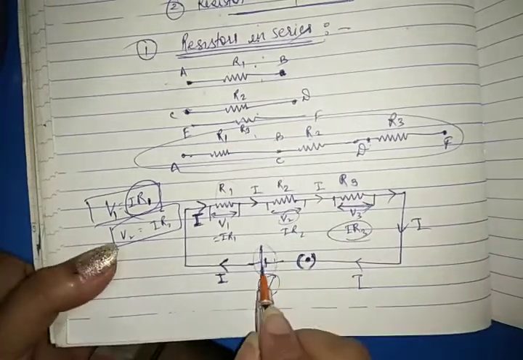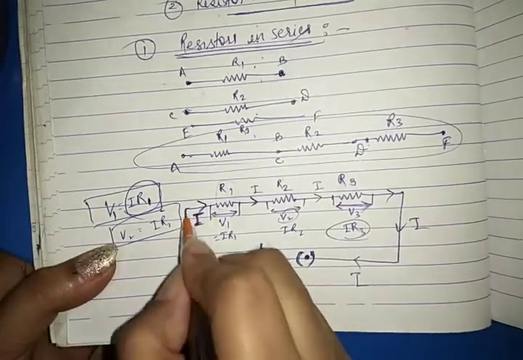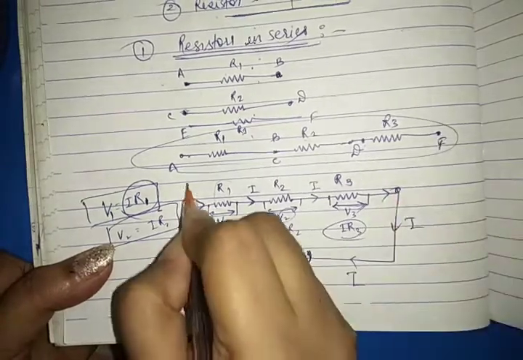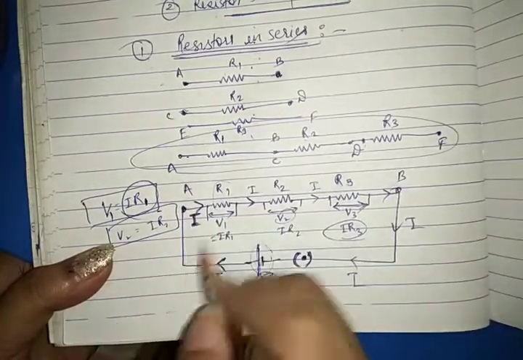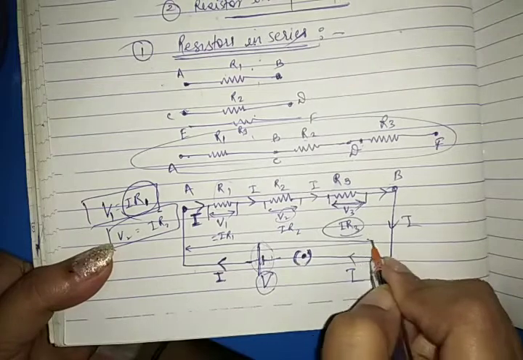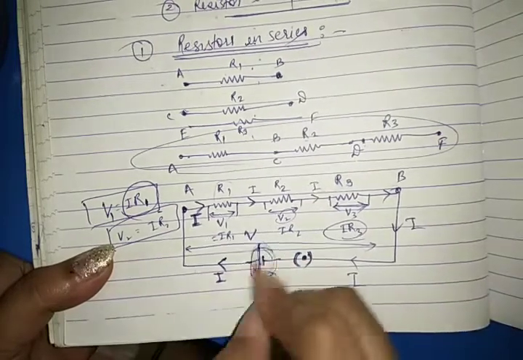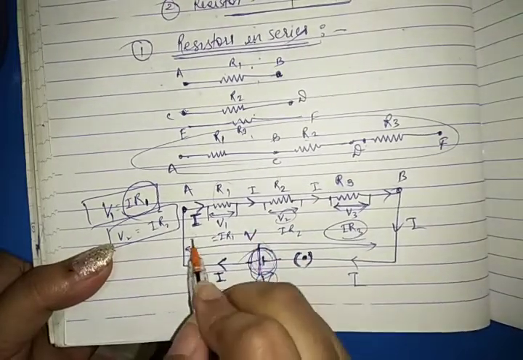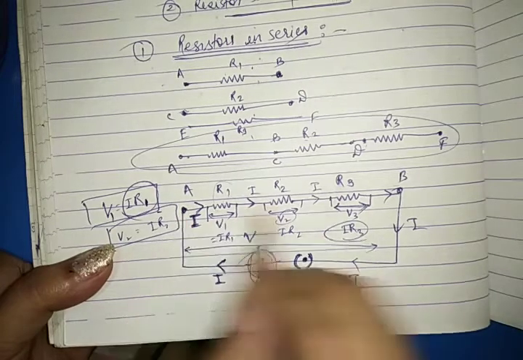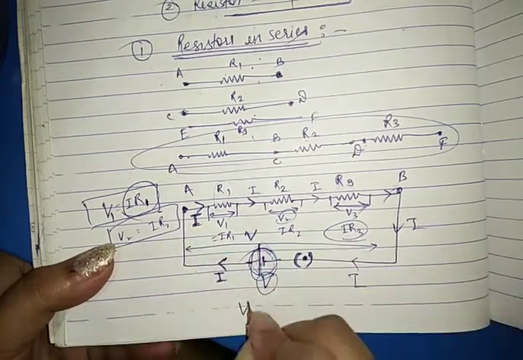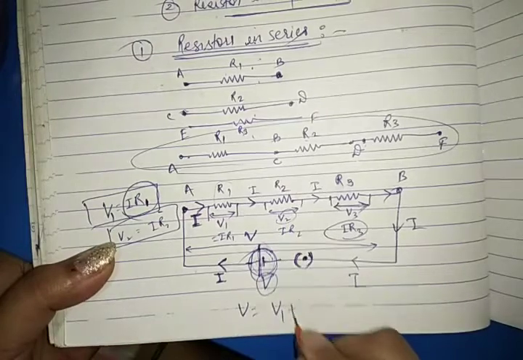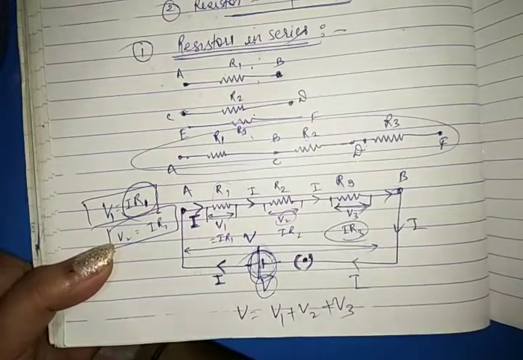But you can see that the total potential across terminals A and B is V, because we applied V potential. So this V will become equal to V1 plus V2 plus V3.